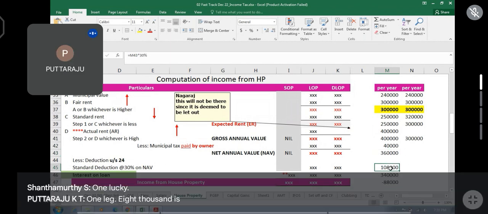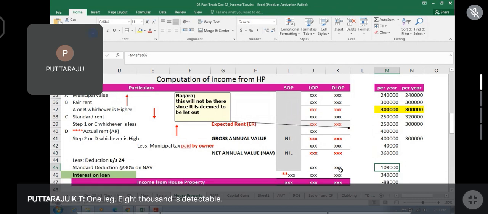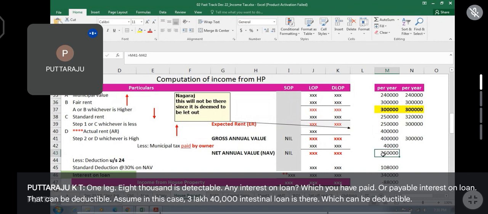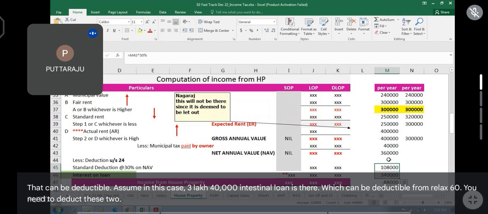1,08,000 is deductible, and any interest on loan which you have paid or payable, that can be deductible. Assume in this case 3,40,000 interest on loan is there, which can be deductible. From 3,60,000 you need to deduct these two. After deducting these two, you can get negative value in case of LOP and DLOP.